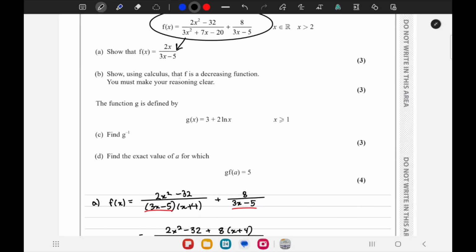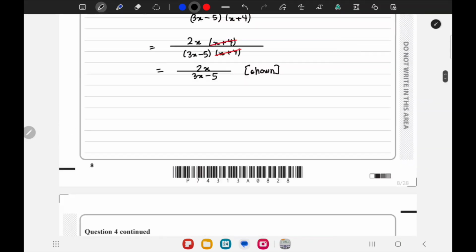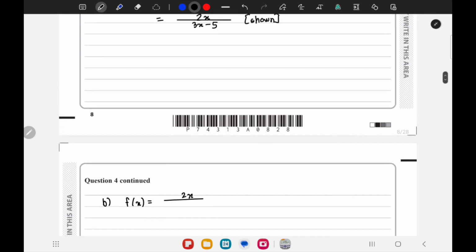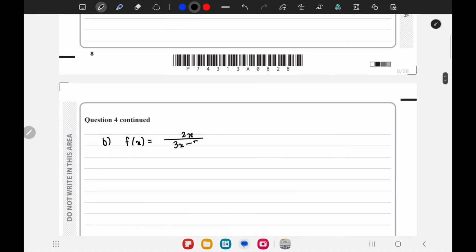Now we have to show that this is a decreasing function. A decreasing function means it has a negative gradient. So we can say that f prime of x is less than 0. So we have f of x, which is 2x divided by 3x minus 5.